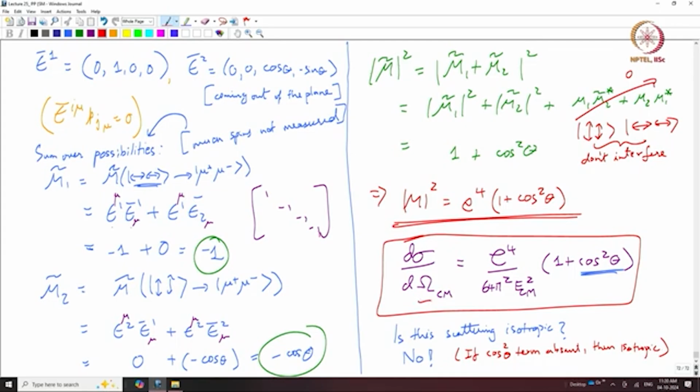Remember, this omega actually has a cos theta sitting in it, right? So the fact that on the right hand side you have a cos theta or cos square theta biases this. Not all cos thetas are the same anymore, right? After all, the cross section is a measure of the probability of scattering in these directions for this particular case, right?